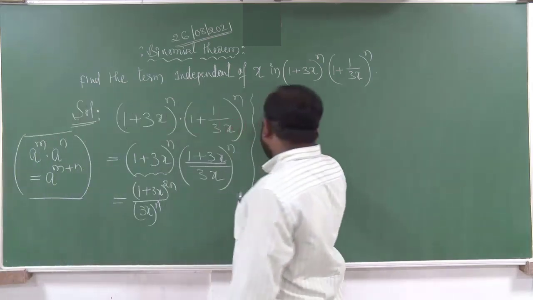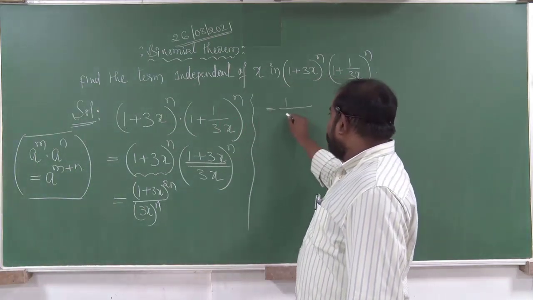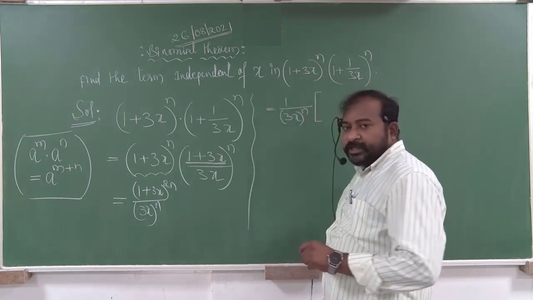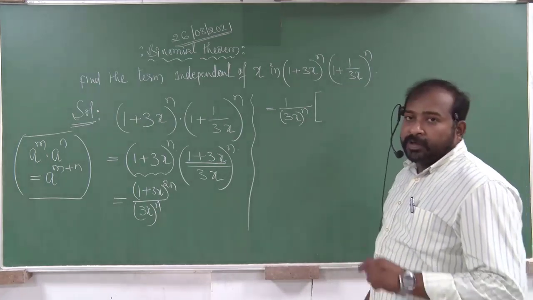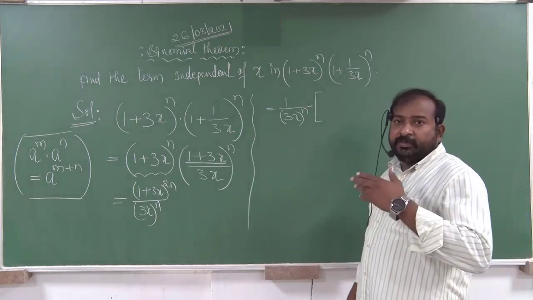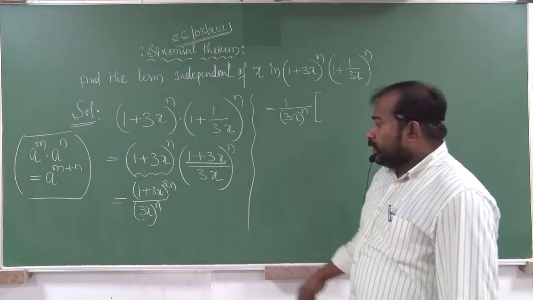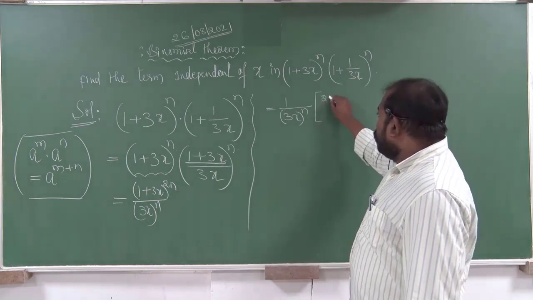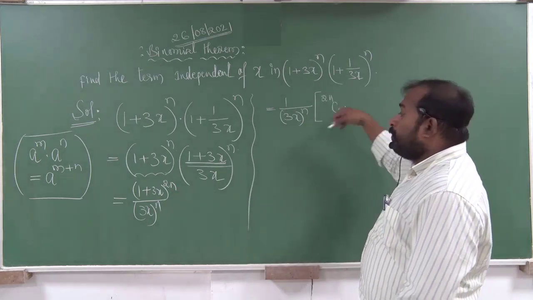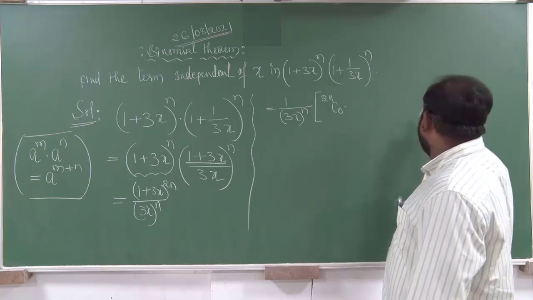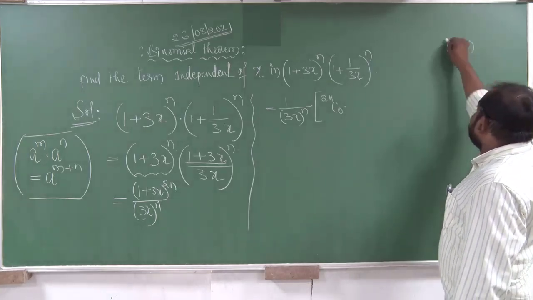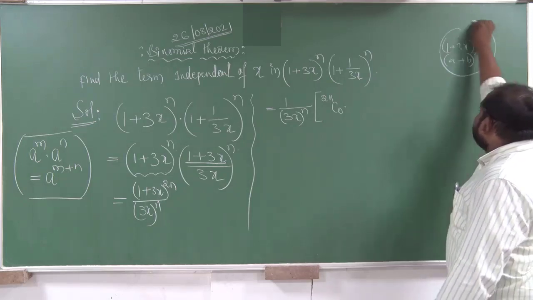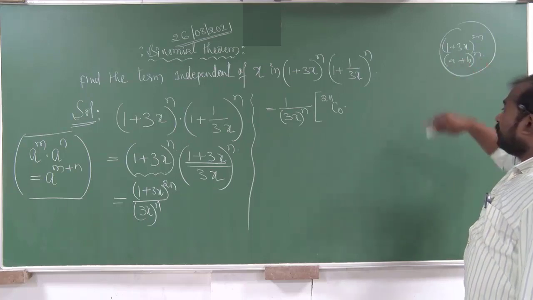Means here 1 by (3x) whole power n into, now what is the expansion? (1 plus 3x) whole power 2n. Use the binomial theorem. In place of n, of course 2n is there. So what will you get, tell me? 2n c naught into 1 power 2n. If you observe (1 plus 3x) whole power 2n, this is in the form of (a plus b) whole power n. In the place of a, 1 is there, and b value is 3x.